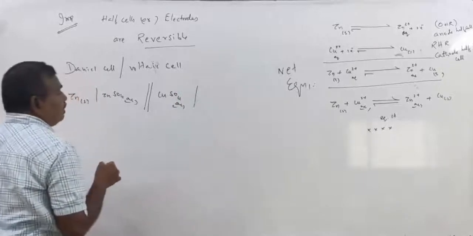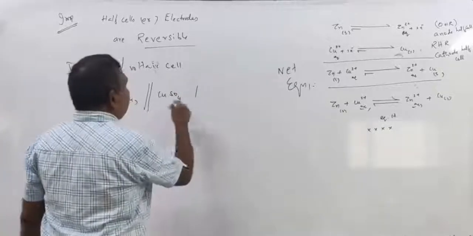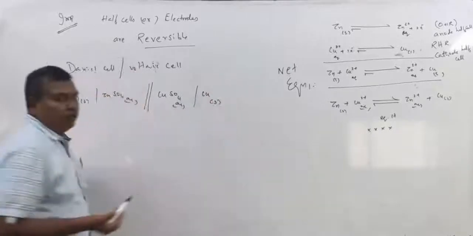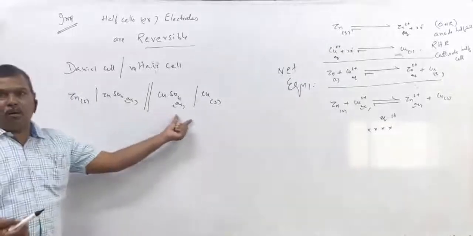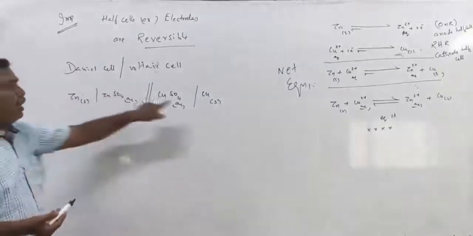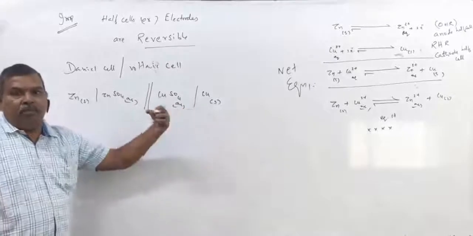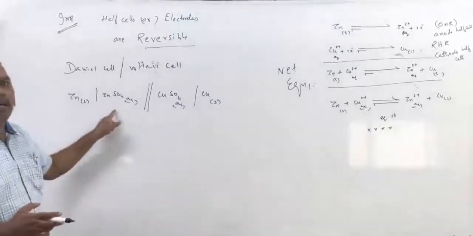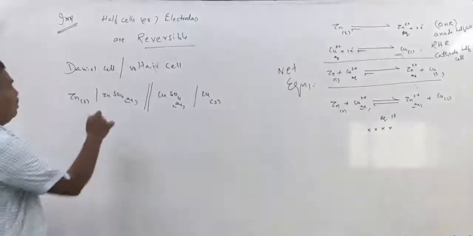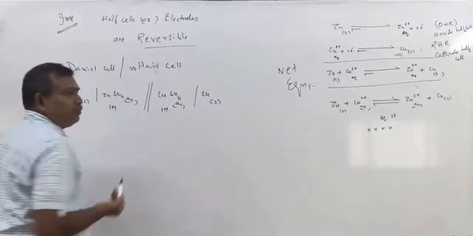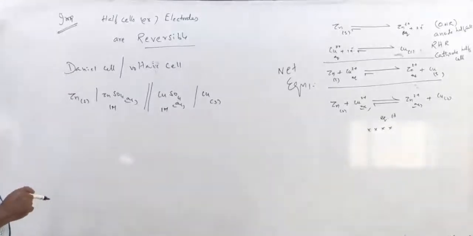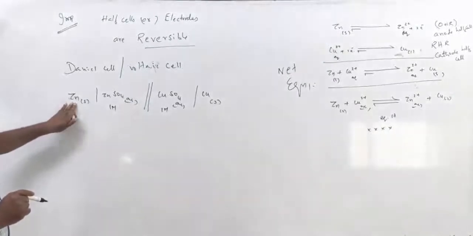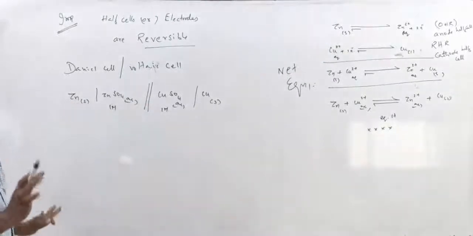In the previous topic, we learned how to represent the galvanic cell. Anode half cell, cathode half cell. Anode and cathode are represented at the extreme left-hand side and right-hand side. Electrolytes are represented like this, 1 molar, 1 molar. Right? So in this cell, zinc acts as anode and copper acts as cathode.